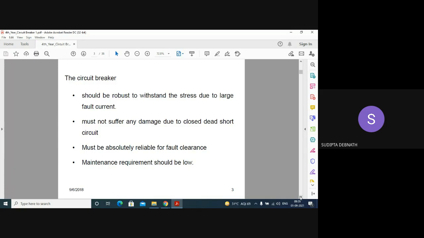But what happens? For a very short period of time, till the contacts are separated, the huge fault currents may flow through it. Okay, so it must not suffer any damage due to the flow of that current.